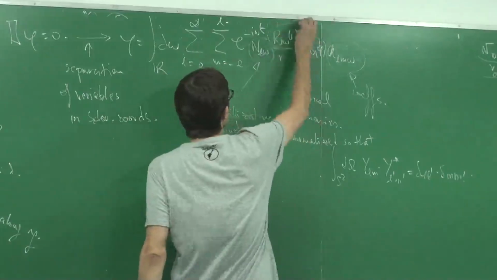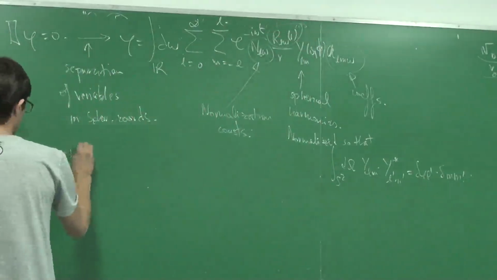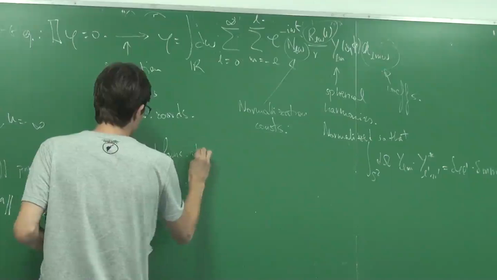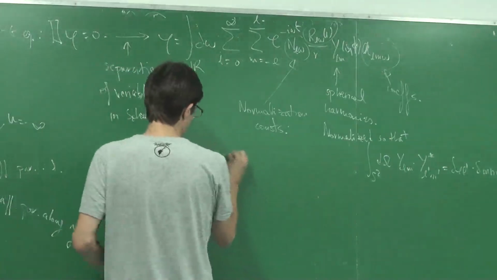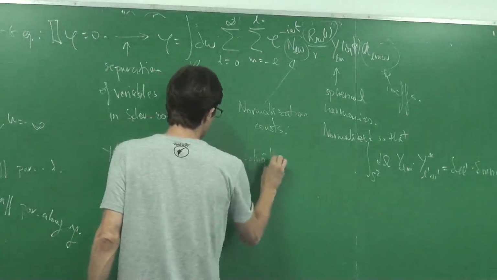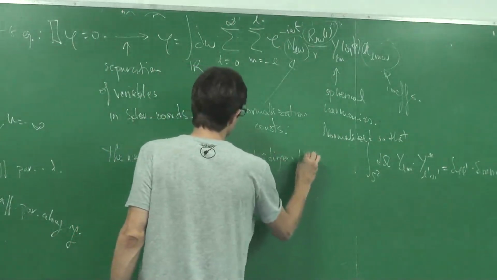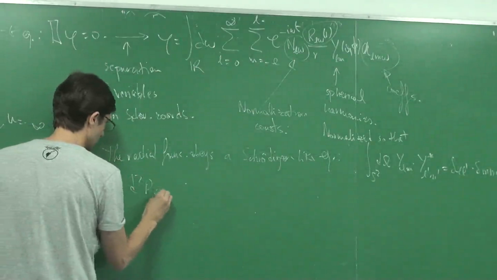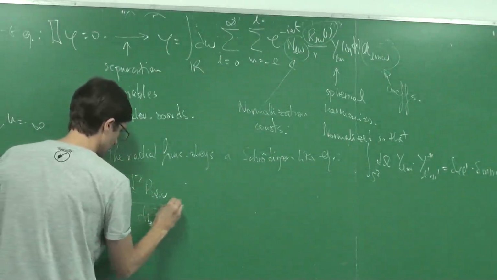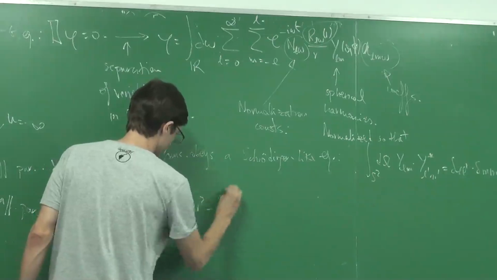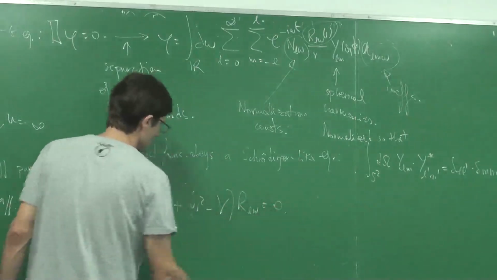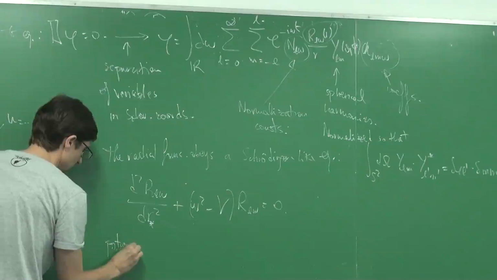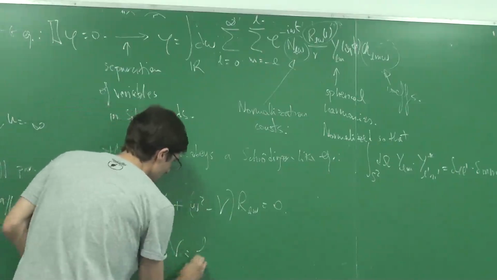And these guys obey a radial equation. It obeys a Schrödinger-like equation, where V is the potential, given by this.